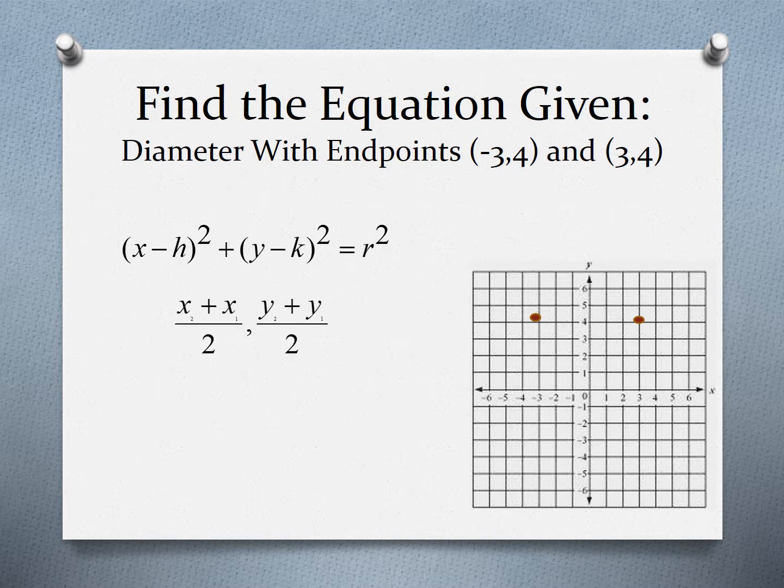So with that information, I can actually use the midpoint formula to determine what is the center, because two endpoints of any circle have a midpoint, and that midpoint right in the middle between two endpoints on any circle is going to be the center.